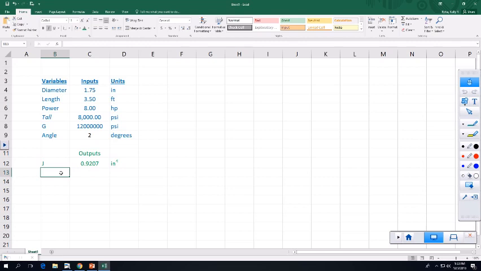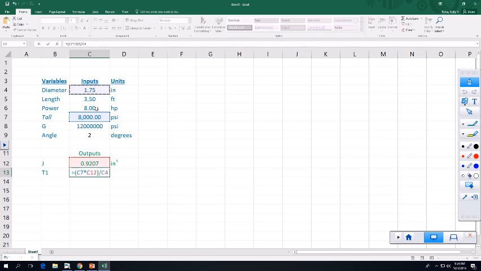All right. The next one I'm going to do is going to be my torque. I'm going to call this T1, torque 1. And this is going to be based on the allowable stress. So here again, equal sign, parentheses, tau allowable, times J, which I just calculated, parentheses, divided by C, which is D, the diameter, divided by 2.